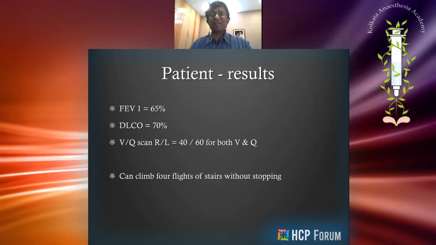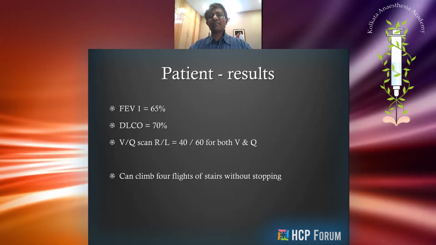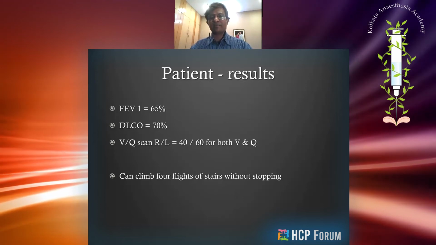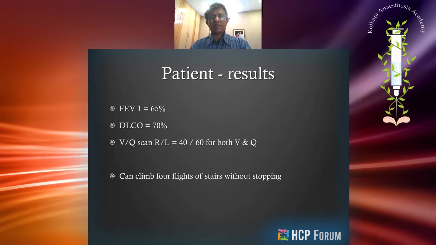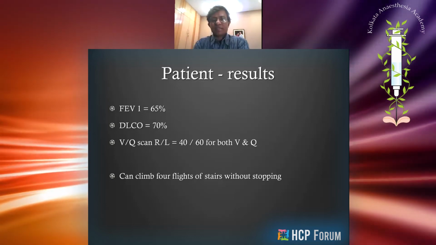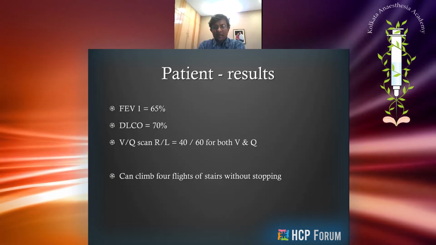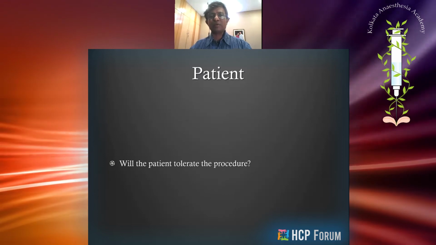And you were able to do a ventilation perfusion scan, and the right-left showed a 40/60 for both ventilation and perfusion. You did this because you did not have a CPEX lab. The person was able to not only climb 2 flights of stairs, he could climb 4 flights of stairs without stopping, essentially saying that the reserve is good.